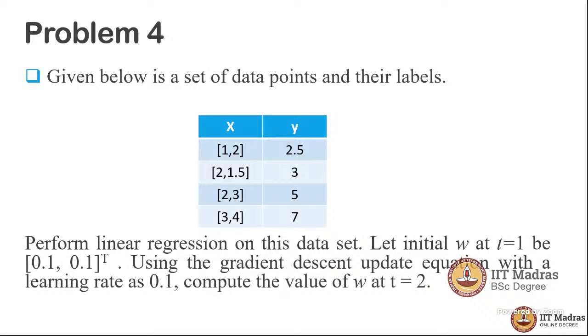But here you are not asked to solve analytically. You don't have to do that inverse computation. In this question, I have just asked to use the gradient descent update equation and find the value of W at iteration 2.